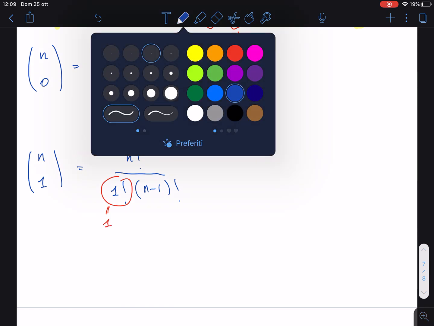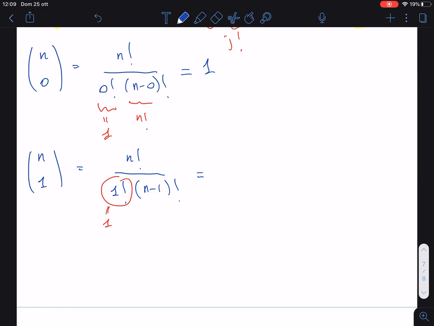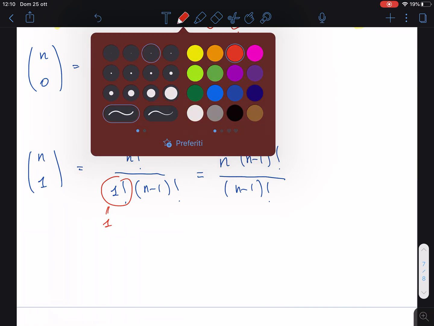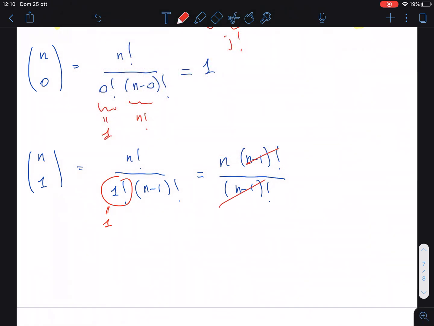To understand the final value of this binomial coefficient, remember that you can write n factorial by isolating n, and then writing n minus 1 factorial. And here you have again n minus 1 factorial. Then you cancel the two n minus 1 factorials, and so you have n. So the message is that whenever you have 1 at the lower position of a binomial coefficient, the final result is exactly the number which is in the upper position.